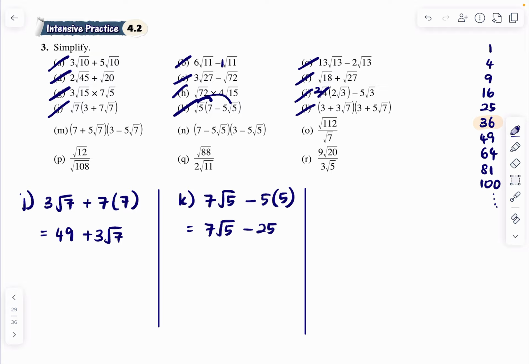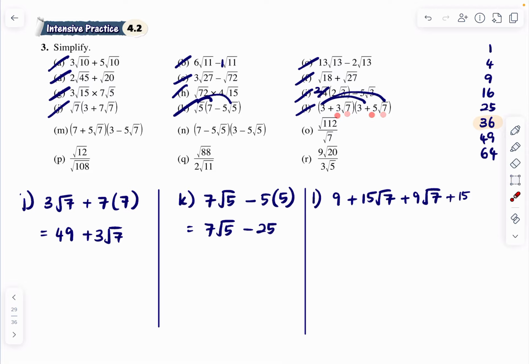Right, let's look at L. So here we have to expand. So 3 times 3 is 9. Then 3 times 5 surd 7 is 15 surd 7. Then this times this, we get 9 surd 7. This times this is 15 times 7.